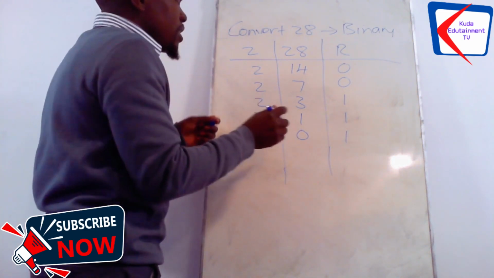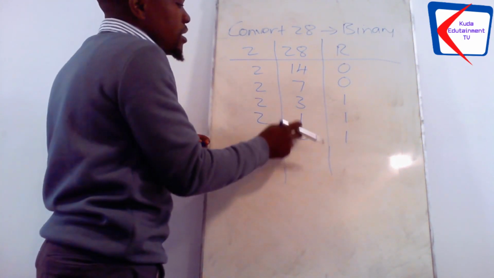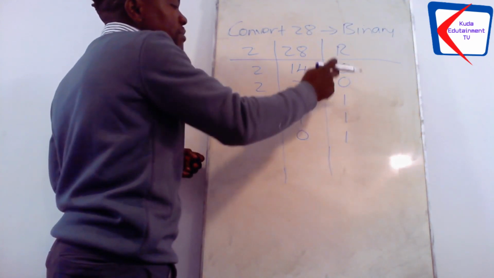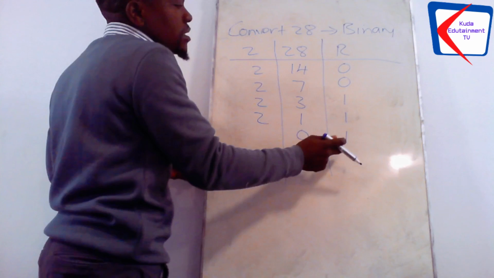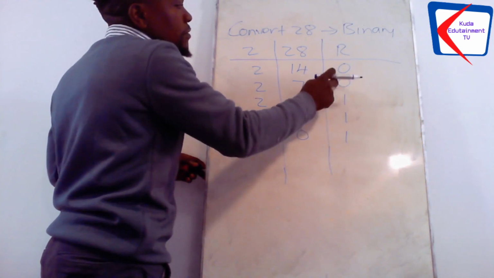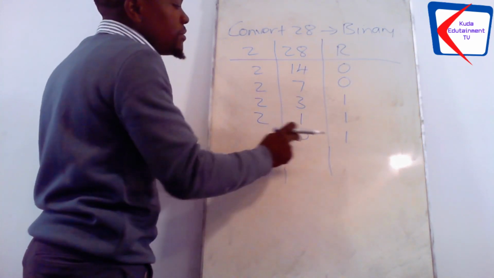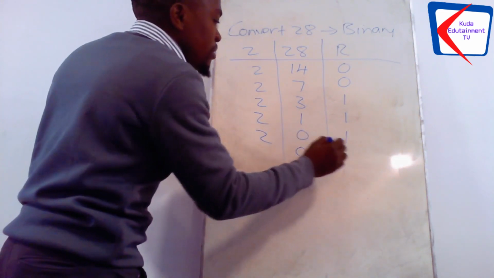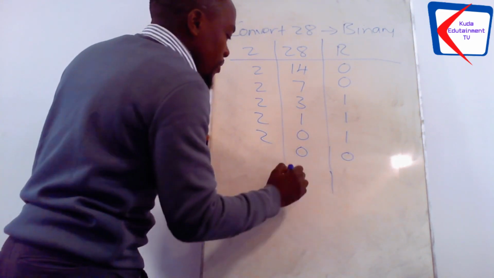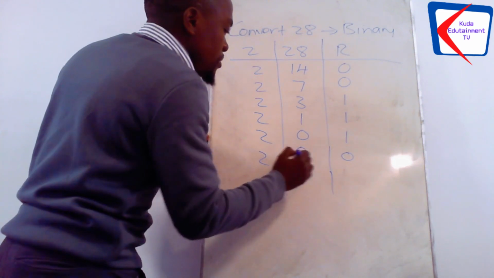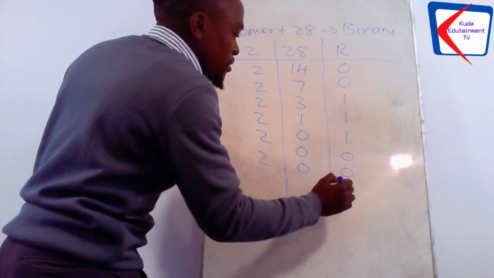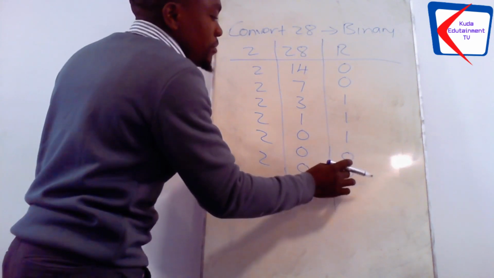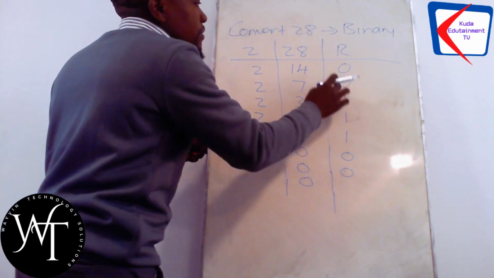Now we have reached the end of our division, but our answer should be an 8-bit binary number, and in this case we only have 5 bits. So we continue dividing by 2. 2 into 0 is 0, remainder 0. Again, 2 into 0 is 0, remainder 0. Now we have 7.